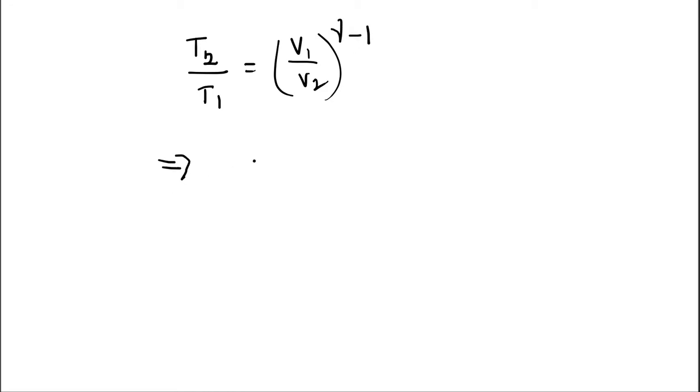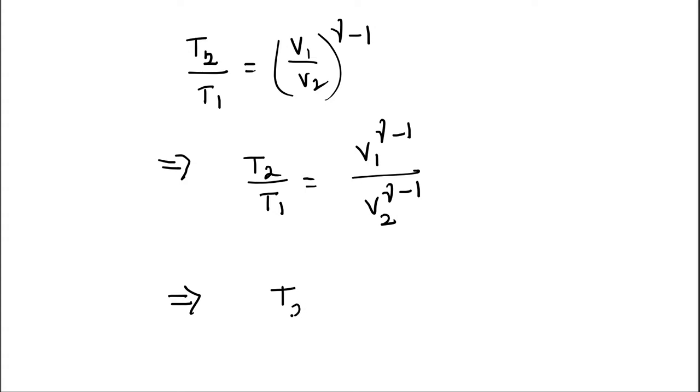So now T2 over T1 is equal to V1 power gamma minus 1 over V2 power gamma minus 1. If we do the cross multiplication, we get T2 times V2 power gamma minus 1 is equal to T1 times V1 power gamma minus 1.